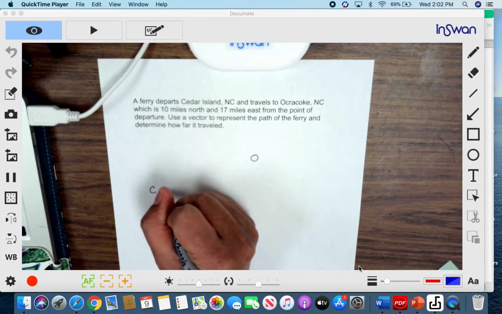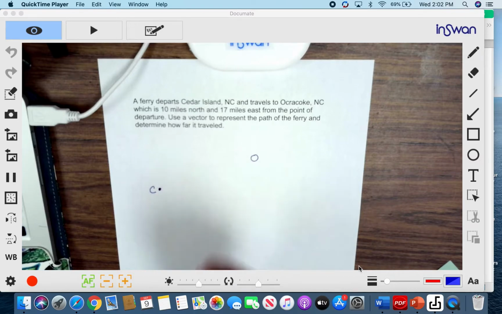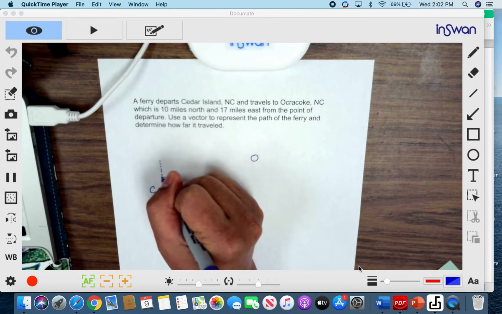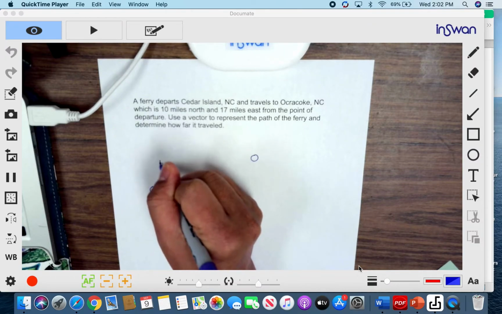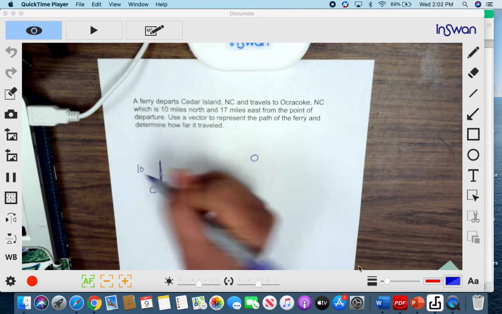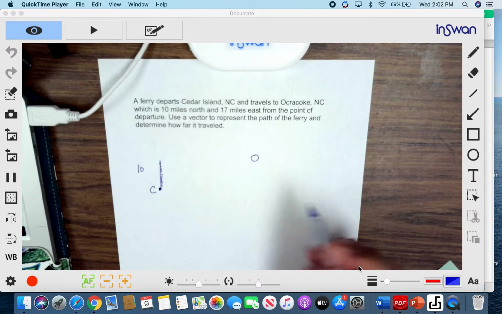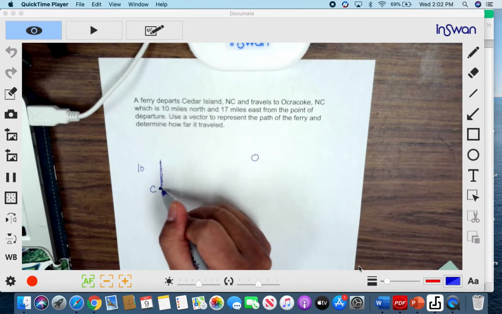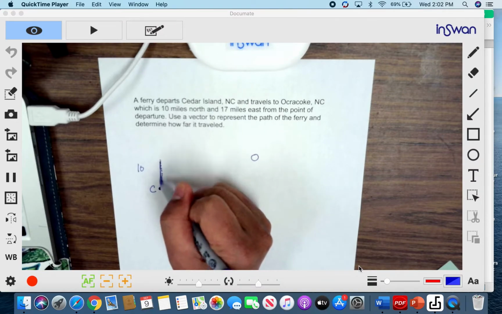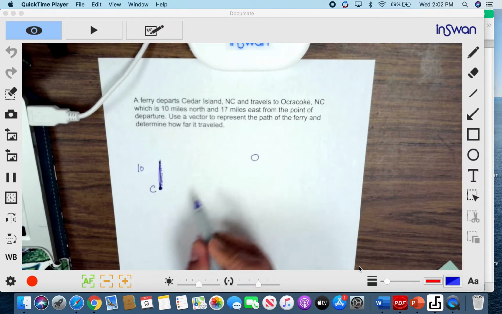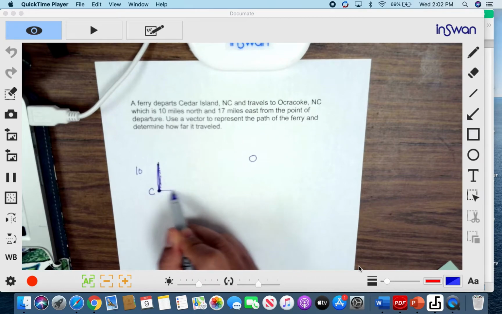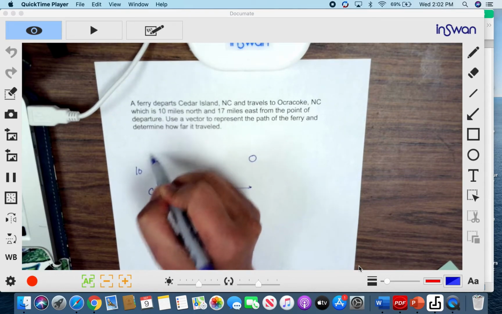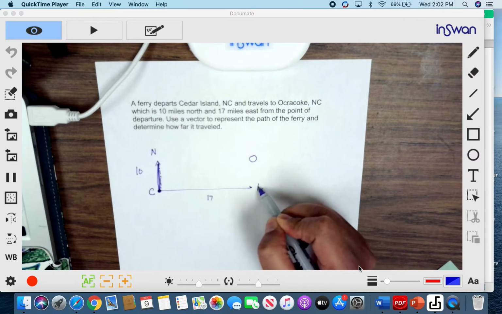Now, from the point of departure, this ferry is 10 miles going north, and then it's also 17 miles going east. So from the point of departure, this is 10, and then to the east direction is 17. So this is north and this is east.